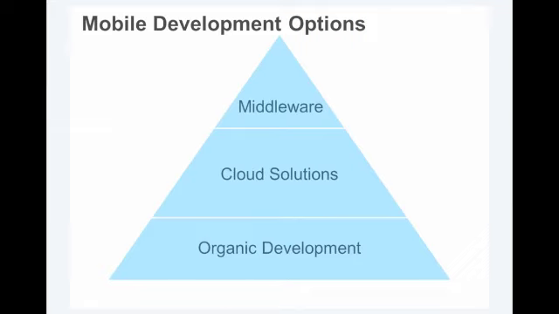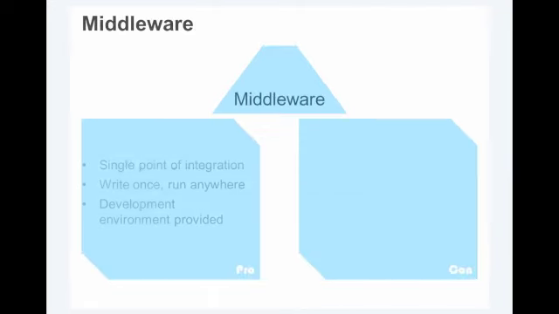And then in the middle are our cloud services, things in the past that were comprised of infrastructure as a service, platform as a service, and now this new exciting space that's come in, back end as a service. So let's take a look in a little bit more detail into each of these and the pros and cons of each. We'll start at the top of that triangle, the middleware section.